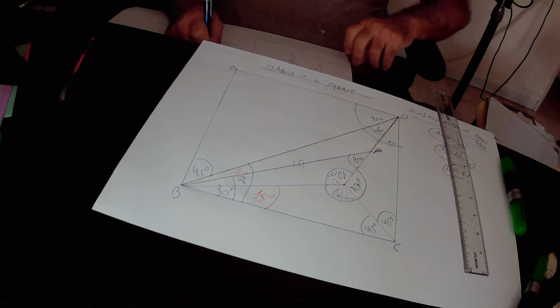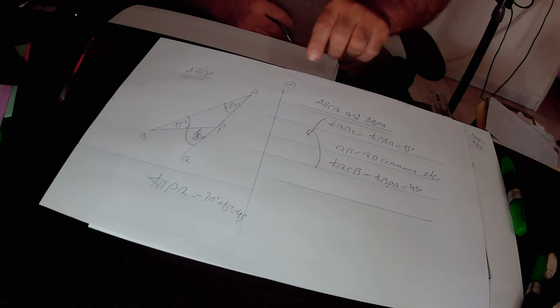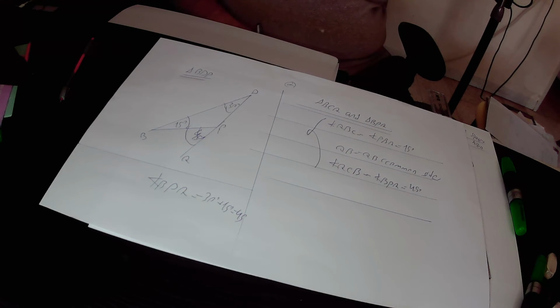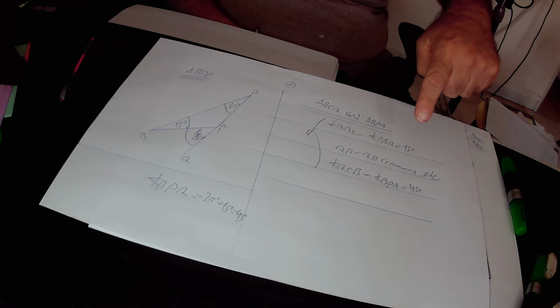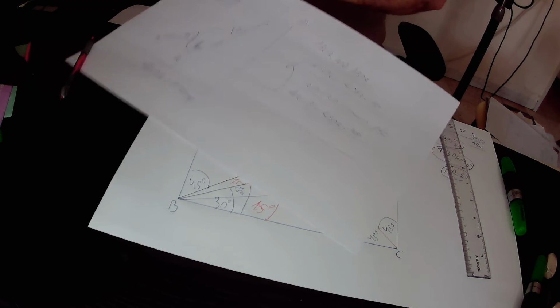And again, I should note that angle BCQ in triangle BCQ is equal to angle BPQ in triangle BPQ. They are both equal to 45 degrees and therefore they are equal to each other.